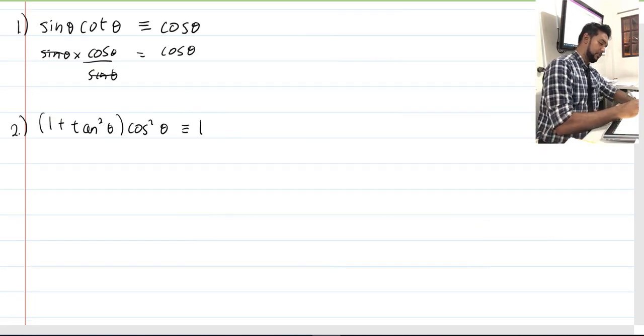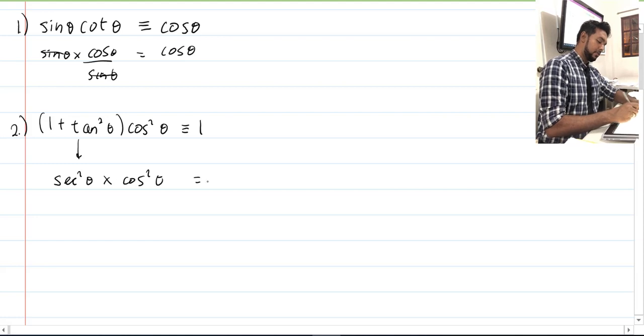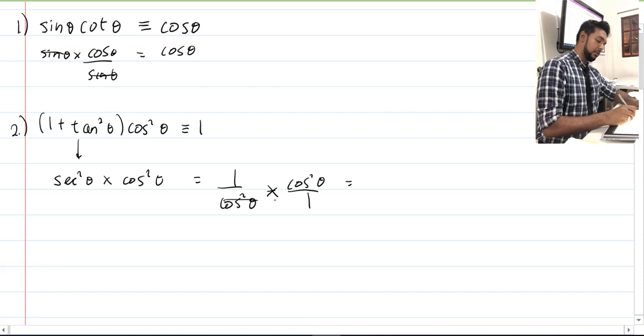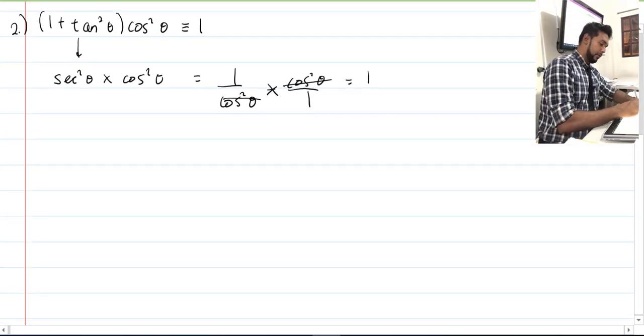So first things first, this will be sec squared theta multiplied by cos squared theta. Sec squared theta is 1 over cos squared theta. And that's multiplied by cos squared theta, which means what? Cos squared will cancel with cos squared, giving us 1. All right, so far so good? Yeah? Alright, cool. Going again.